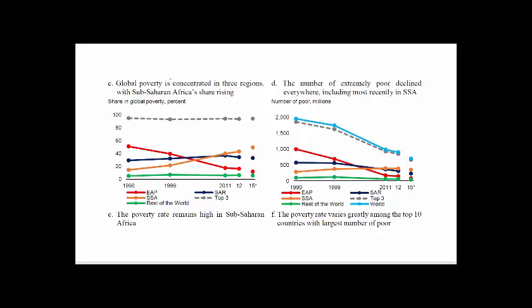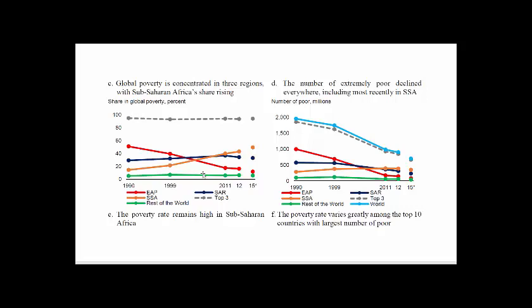Again, same thing. Global poverty really is in three regions. What are those regions? Sub-Saharan Africa, South Asia, and then also parts of East Asia and the Pacific, of which China is a part, but it also includes other countries, East Asia and Southeast Asia. It includes countries like Vietnam and Burma and so on.